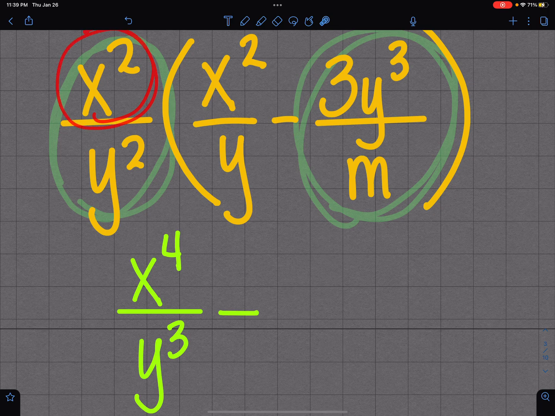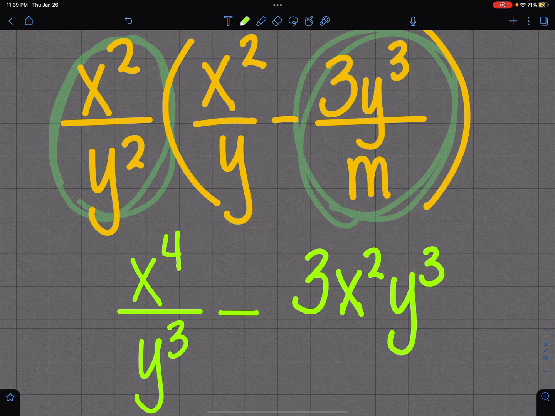So we've got an x squared here and a 3y cubed. I like to start with the numbers. So we've got a 3. How many x's do we have? We have 2. How many y's do we have? We have 3. Okay, that's what you get when you multiply this, 3 y's, this, 2 x's. You get this. Easy.